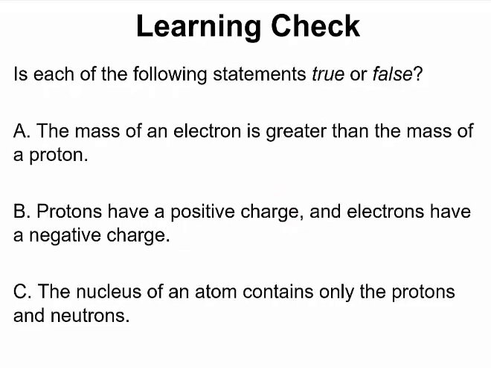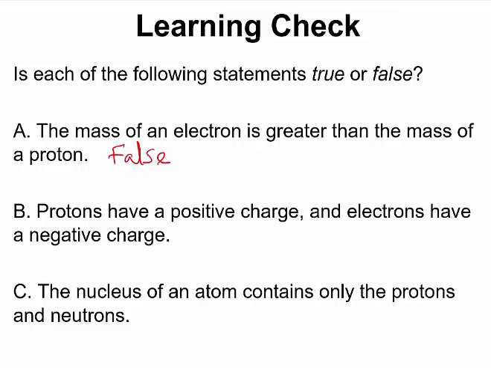Let us practice with some more questions. Is each of the following statements true or false? The mass of an electron is greater than the mass of a proton. That is patently false, because electrons are actually about 2,000 times less massive than protons.